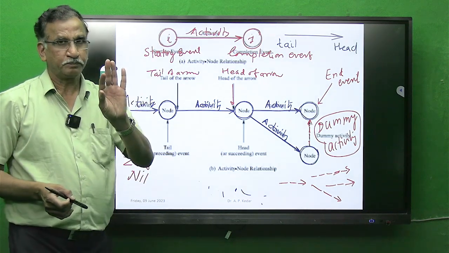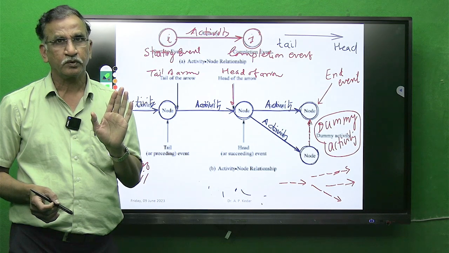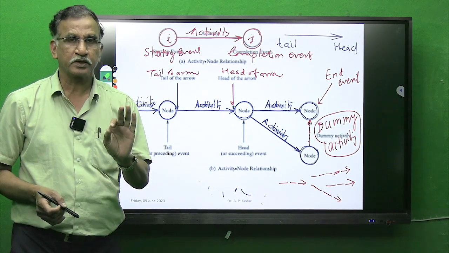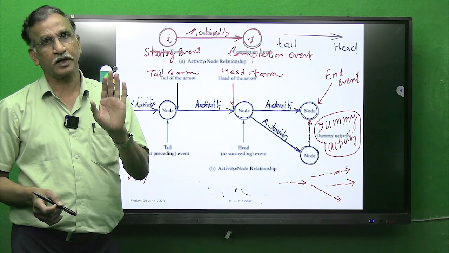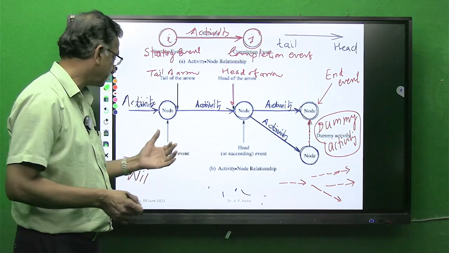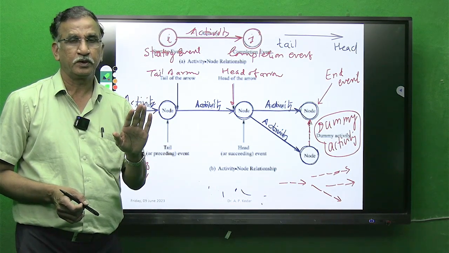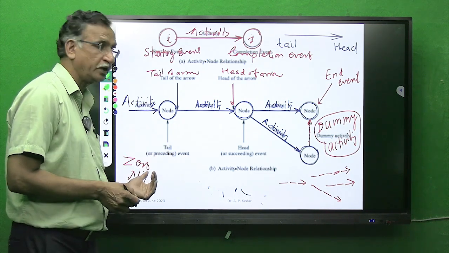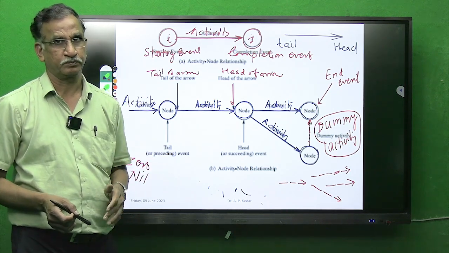An activity is represented by a straight line arrow. An activity consumes time as well as resources. But if it is a dummy activity, it won't consume time, it won't consume resources. It is only to indicate the precedence relationship, that's all.